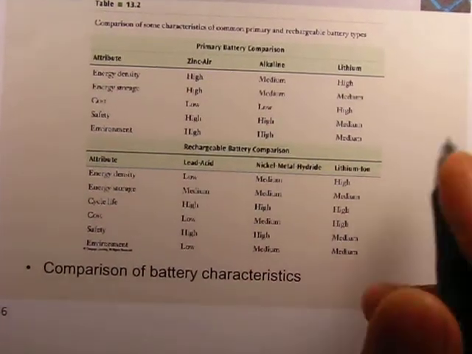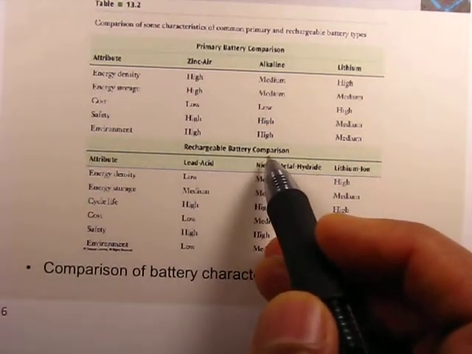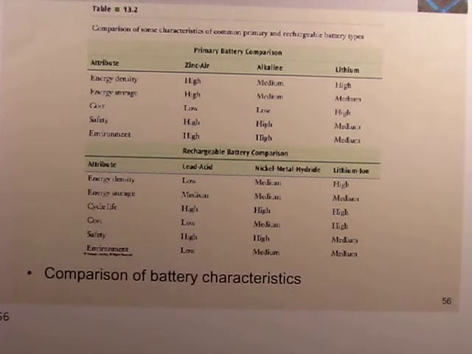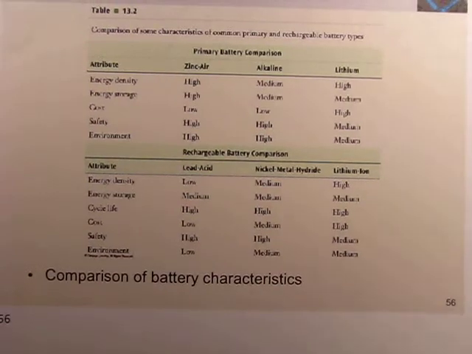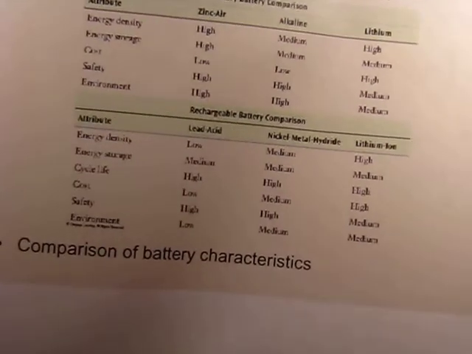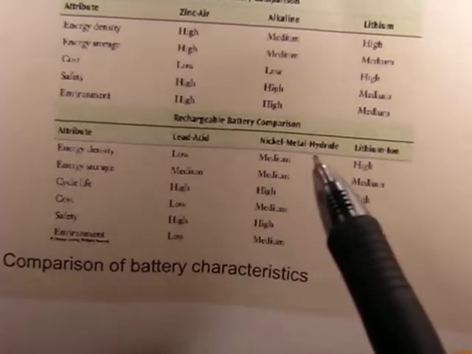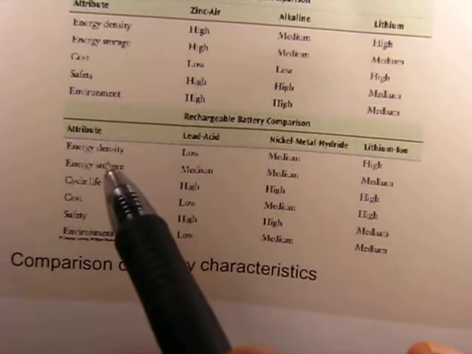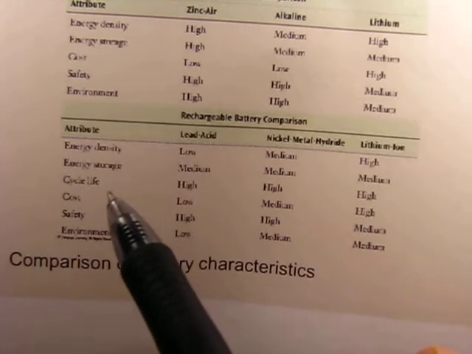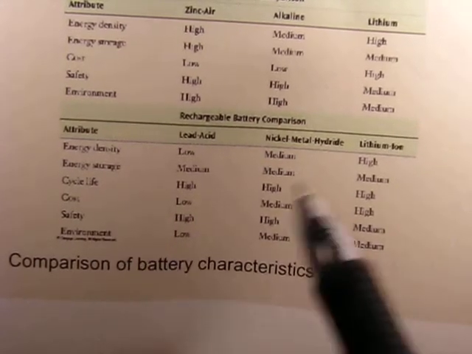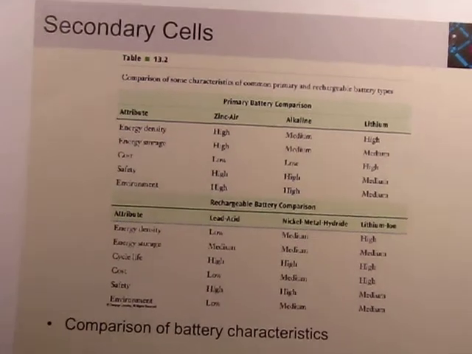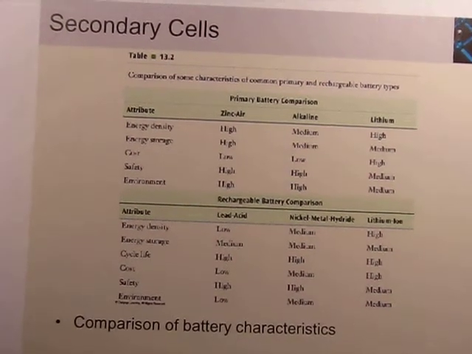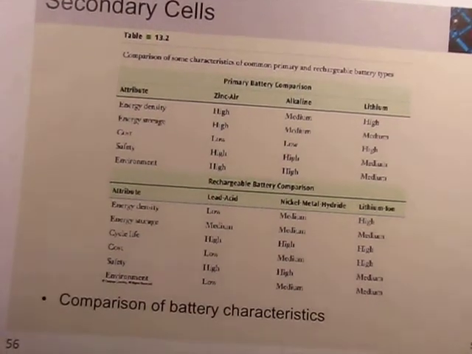And then here we have a comparison of the secondary batteries, which is not very clear in this table. Here we have lead acid battery, nickel metal hydride, and lithium-ion batteries, for energy density, energy storage, cycle life, and cost. So this table shows the difference between the different types of batteries.